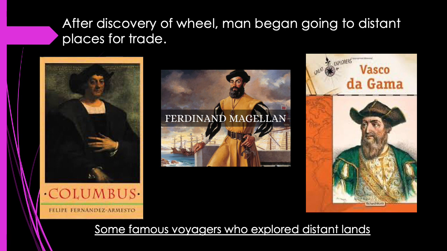Similarly, Columbus, an Italian sailor, discovered America in 1492. Magellan was a Portuguese sailor who went around the world, and as a result of these voyages, man's idea about the world changed. Voyages and discoveries, they brought a big revolution in trade.